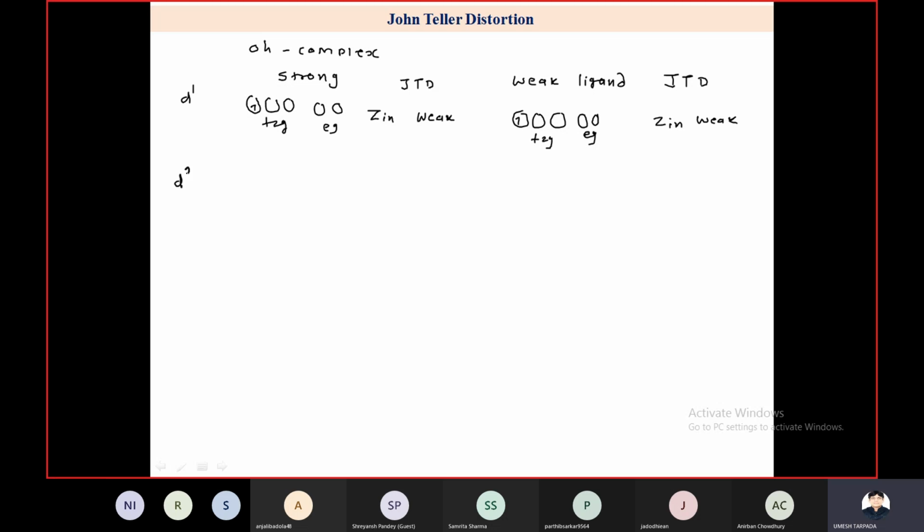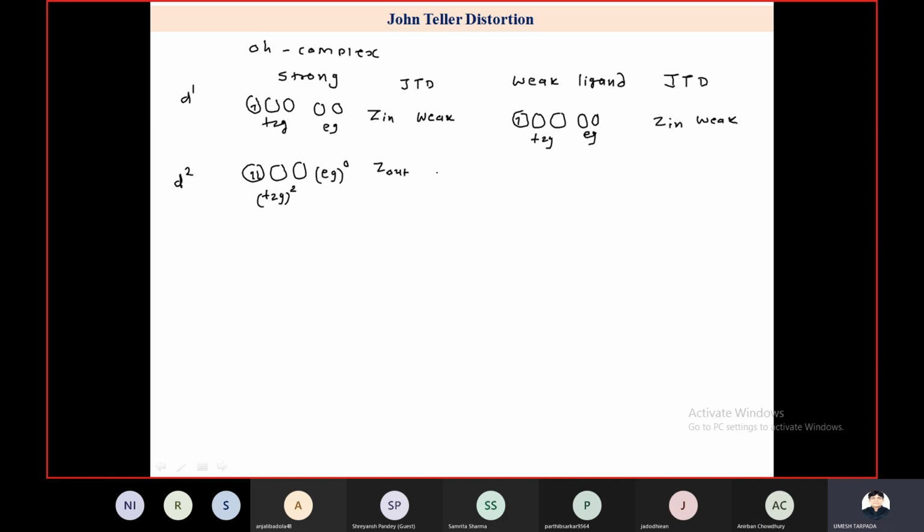What is the case of D2? In a strong field ligand, this is arranged in this way. This is called T2G2, and EG 0. It is Z out, sorry. See, Z in will come in only two cases, T2G1 and T2G4. In the rest of the cases it is Z out.